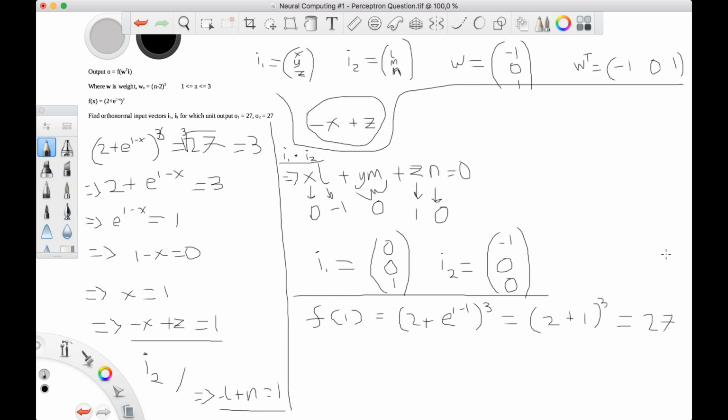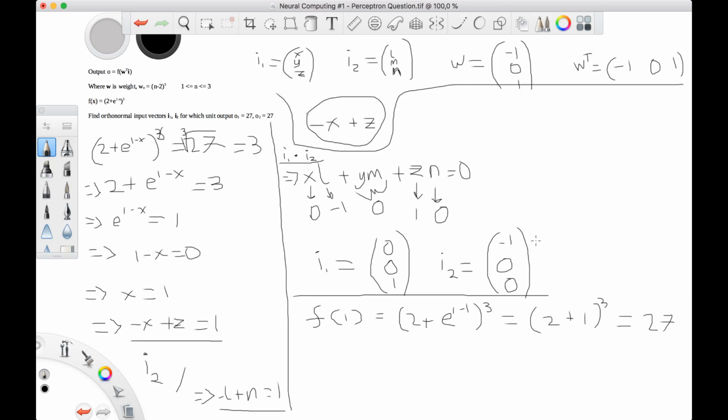So f1 does give us the correct result. What about I2? Well, I2 is minus 1 times 1, minus 1 times minus 1, which is 1, plus 0 times 0, plus 0 times 1. Again, we're going to get f1, aren't we? So again, it's going to give us 27. And since both O1 and O2 need to be 27, these are both correct results.